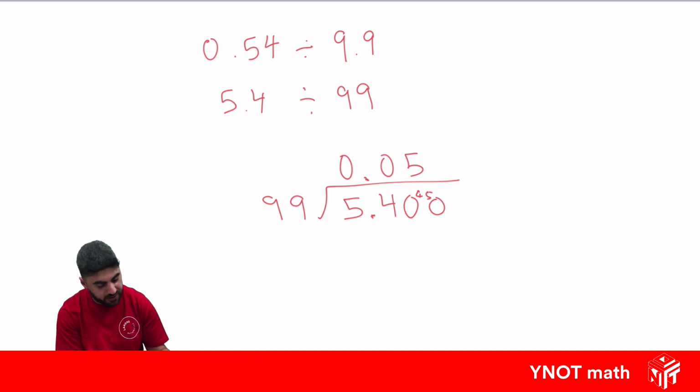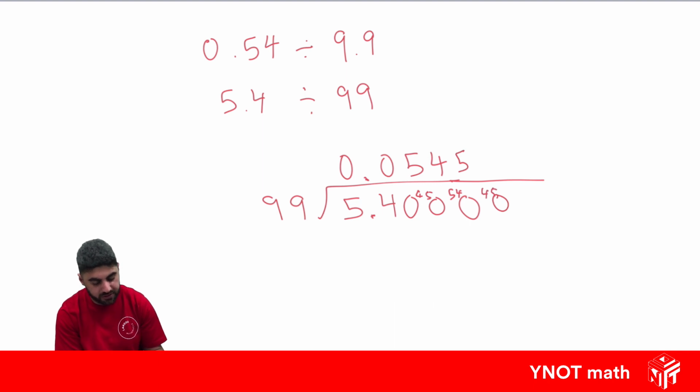Now we're checking if 99 goes into 450, which it does 4 times, but there's a remainder, and that remainder is 54. So we're checking if 99 goes into 540 again. We already did that. It goes in 5 times, remainder 45.